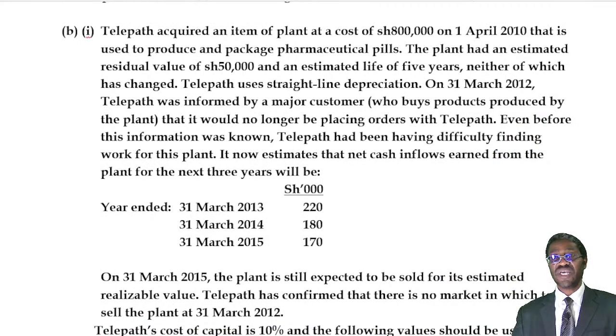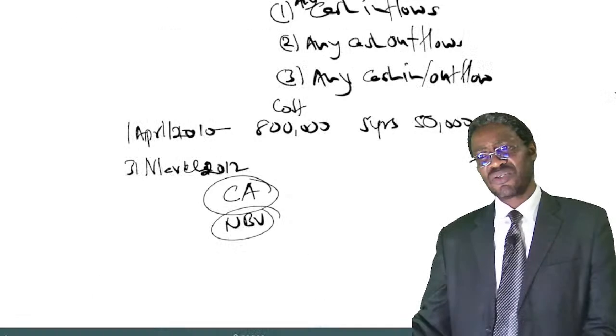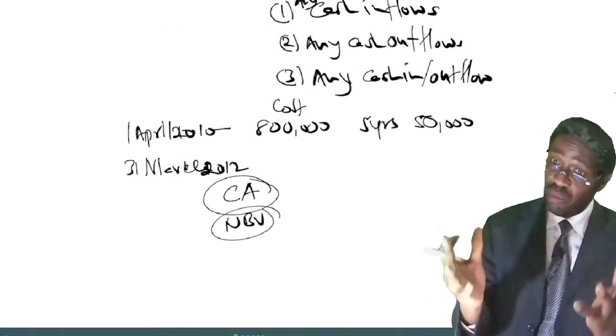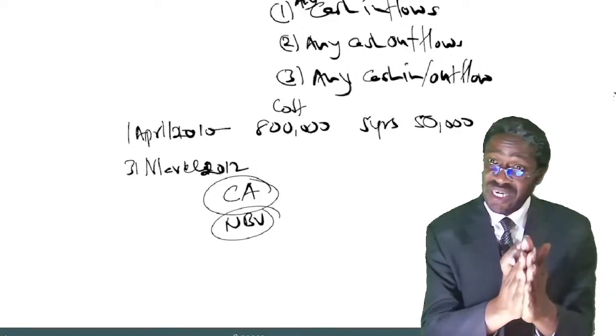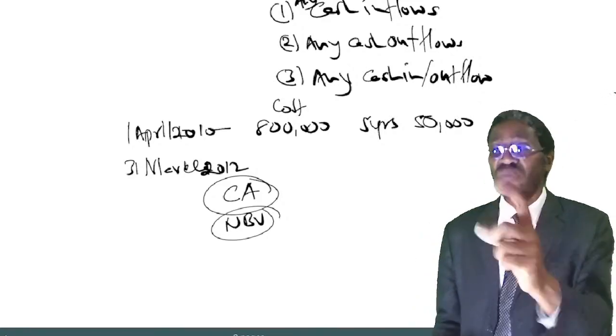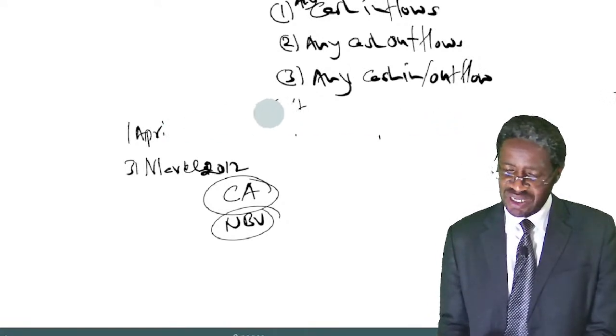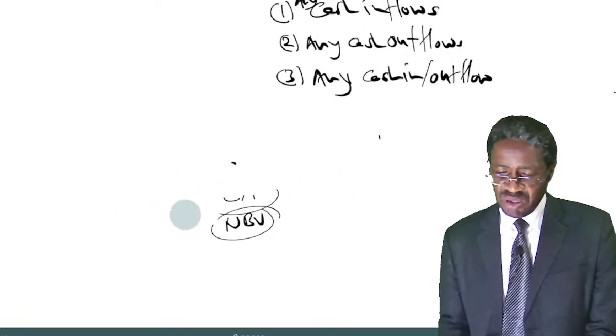I can see it there. They are saying, with an estimated life of 5 years, neither of which has changed, Telpath uses straight line depreciation. Good, so everybody knows how to compute. The cost is 800, less the accumulated depreciation. Once you subtract the accumulated depreciation, you get the net book value.